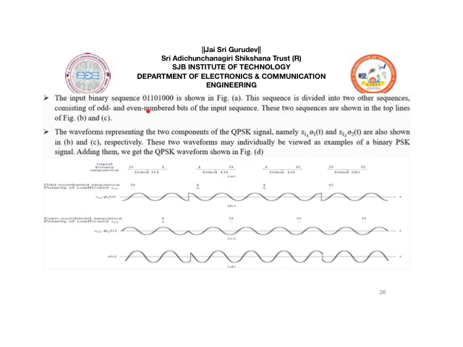So the input binary sequence is considered in the form of dibits. 0 1 will be the first dibit, next 1 0 will be the second dibit, next again 0 1 will be the third dibit, and 0 0 will be the fourth dibit.